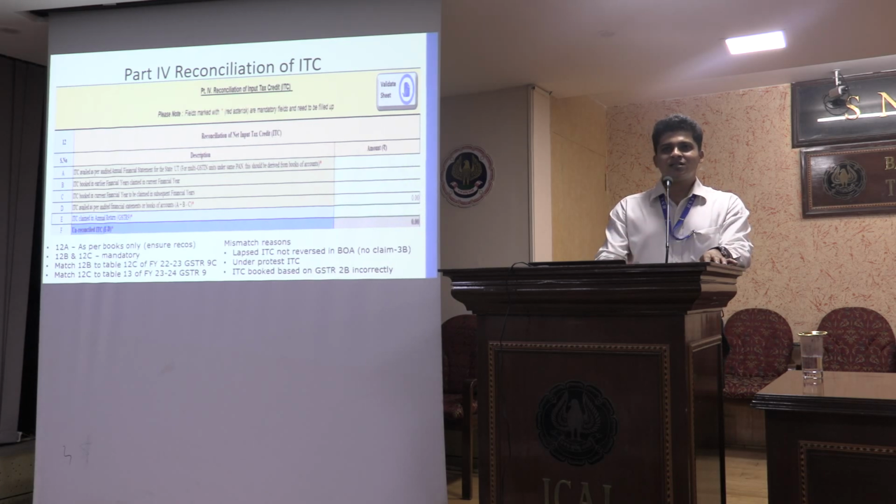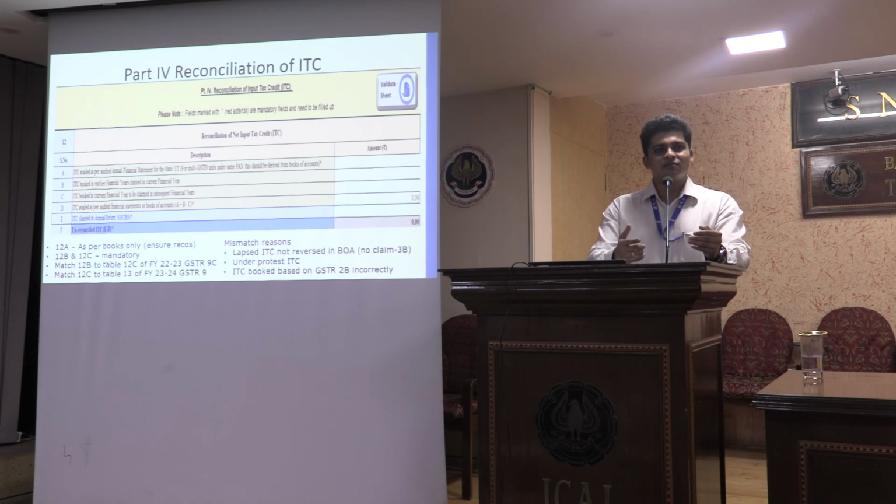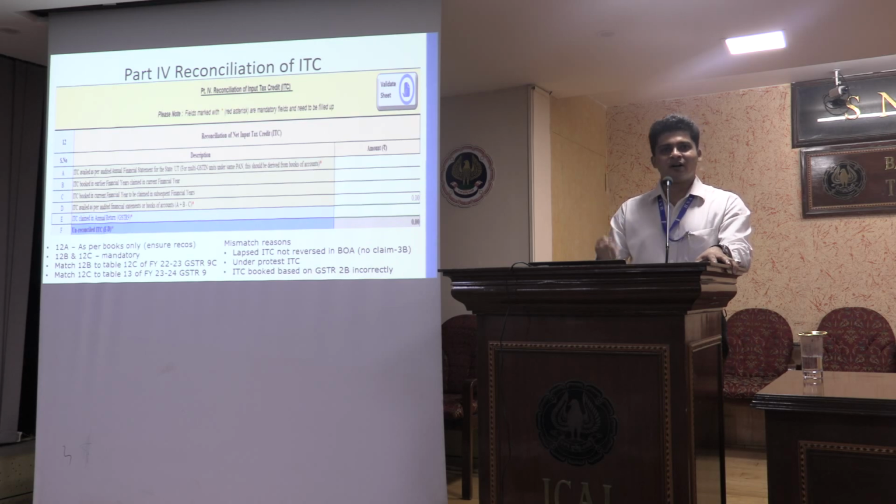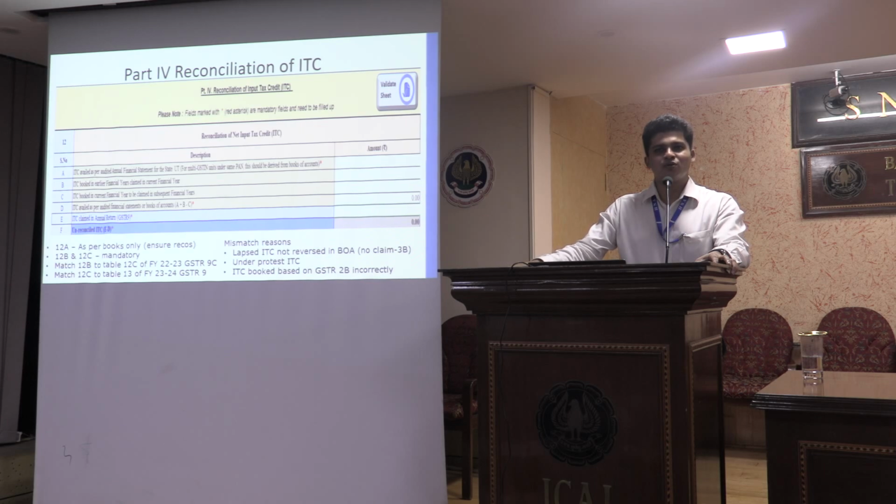Here again in this table, there is no need to do a closing credit matching. But like I mentioned in the starting, important reconciliations, when we do credit matching, we are sure of the values that are being disclosed. We can say this was my opening balance, this was the purchases of the period, this was the amount that was utilized, and this is the closing balance. And when we are able to say this, that means I have the details of eligible ITC on an invoice level basis.